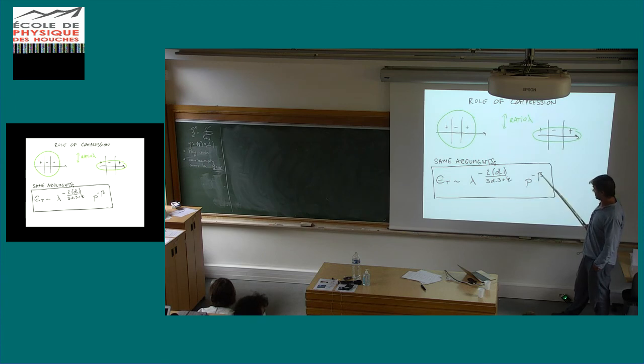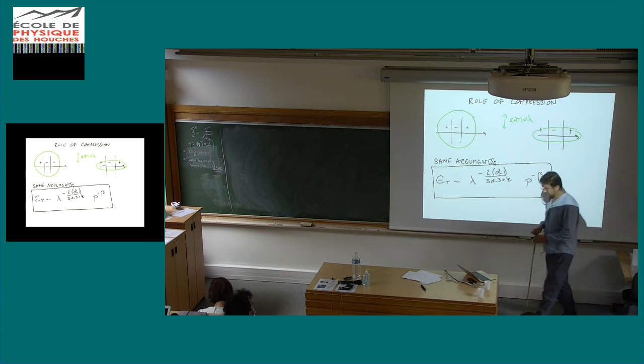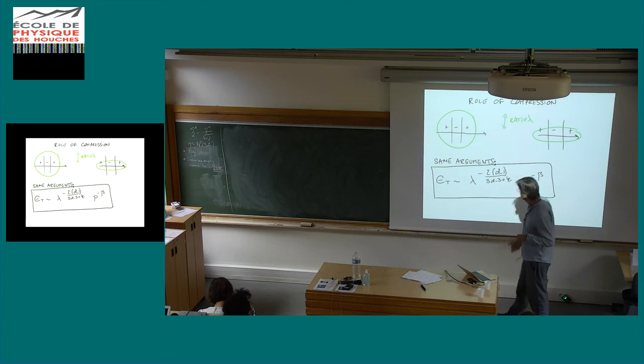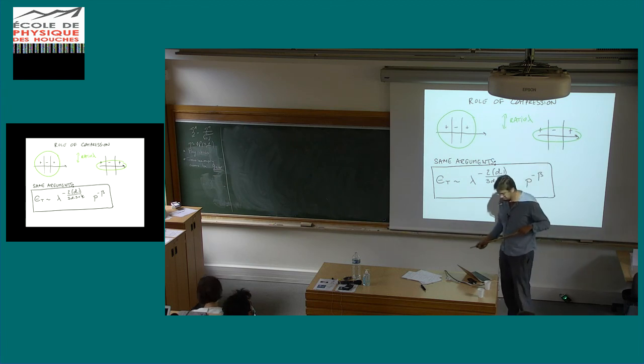It's the same exponent, so I didn't rewrite it. But you have a prefactor lambda with some power of d and psi that enters here. I'm going to use it in the next part of the talk. Okay, so it's the same set of scaling arguments that you use in a different geometry, and they give you how the prefactor will behave.